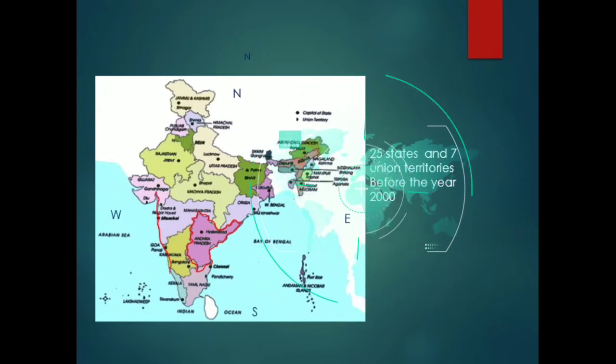This is the west coastal line. Now mark at the center of the west coastal line. By marking at the center we get Goa. Now move towards the south direction.